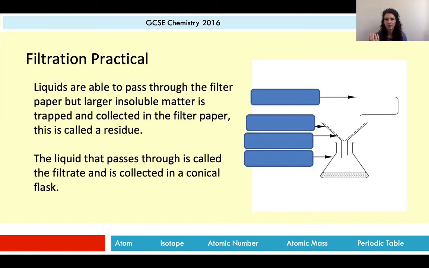So say I was separating out sand in water. I would pour the sandy water into the filter paper in the funnel. The water would be able to travel through the filter paper, but that insoluble sand would be trapped here inside the filter paper. All right. What I'd like you to do is pause the video and just have a go at labelling that equipment.